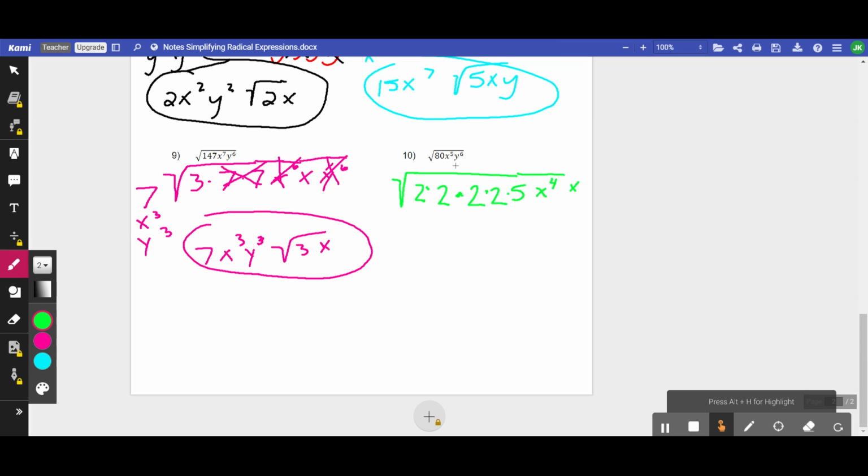And then your y to the 6th, you can divide the exponent by 2, so it can just stay like it is for now. And then for every pair of numbers, you'll bring one of them out. So for the 2's here, you can cross these 2's out and bring 1, 2 out there.